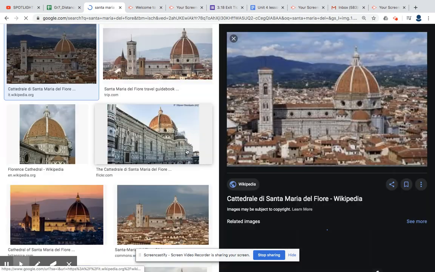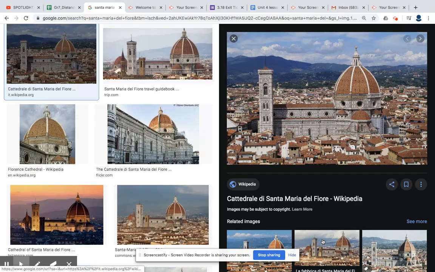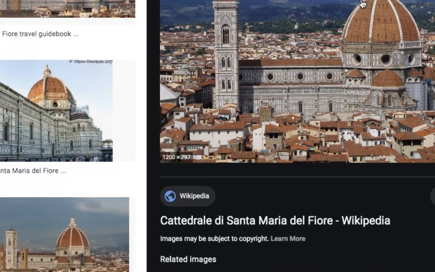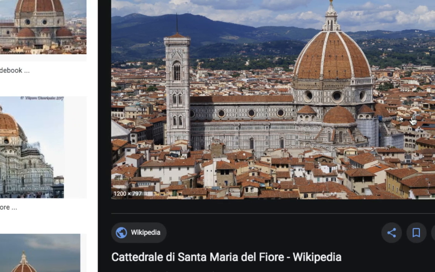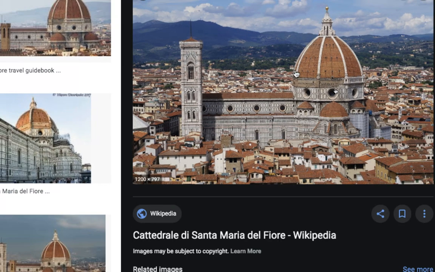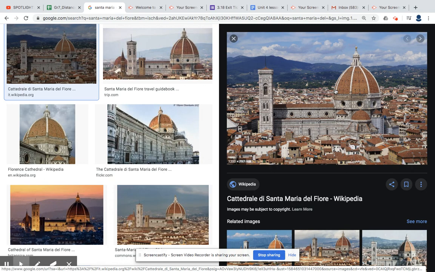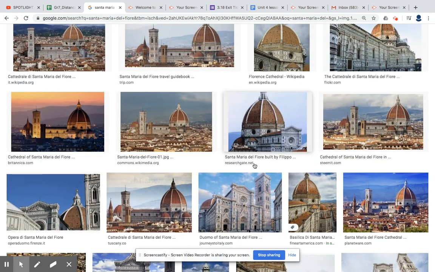This structure was actually created during the late medieval period, and it wasn't until the Renaissance that Filippo Brunelleschi, the first Renaissance architect, designed this dome. It is one of the largest stone domes in the world today.